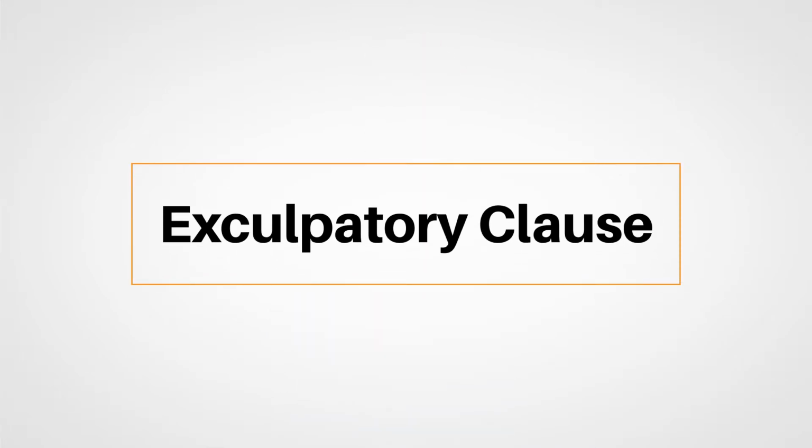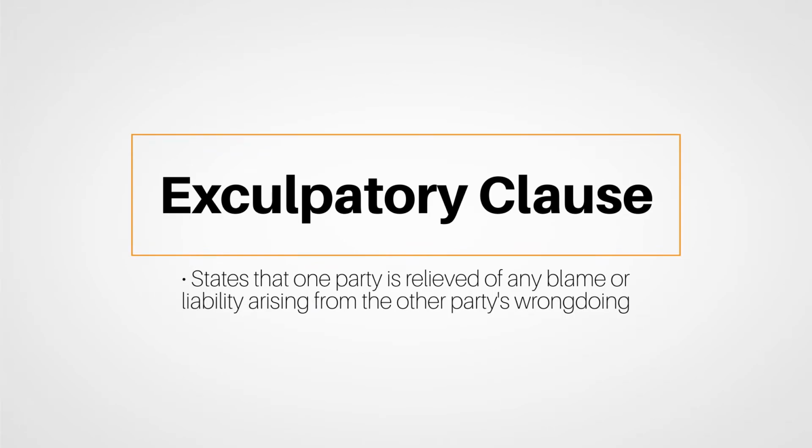There are also what are known as exculpatory clauses. This clause is generally a provision in a contract that stipulates either one party is relieved of any blame or liability arising from the other party's wrongdoing, or one party, usually the one that drafted the agreement, is freed of all liability arising out of the performance or failure to perform that contract.